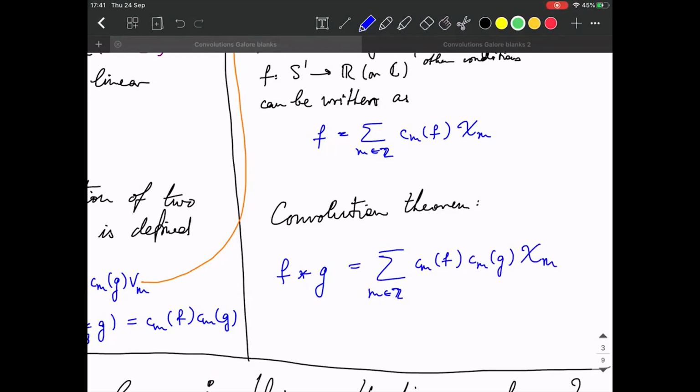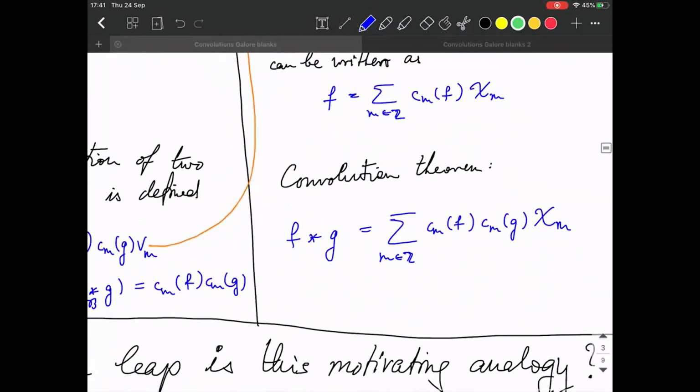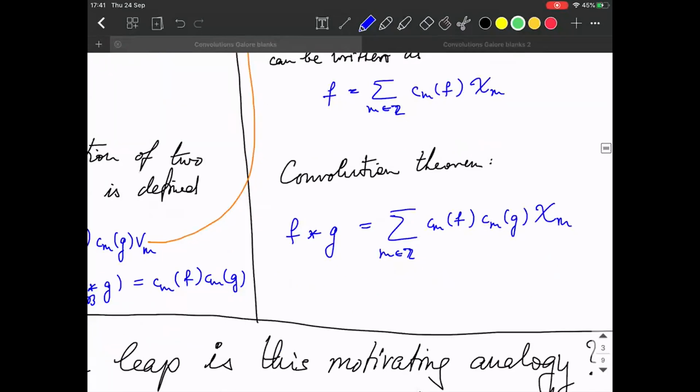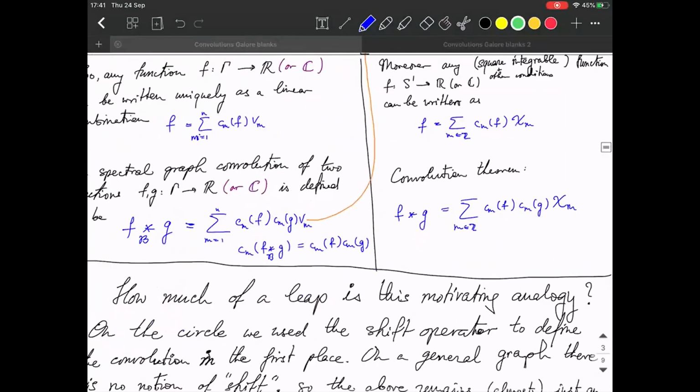Okay, so ignoring all the technical details about what the function should satisfy and manipulating these sums and integrals formally, this convolution theorem is pretty easy to check. And so this is where the spectral graph convolution analogy comes from. Basically, we just copy the formula from Fourier series into graph world.